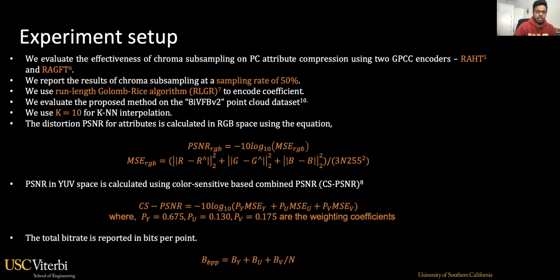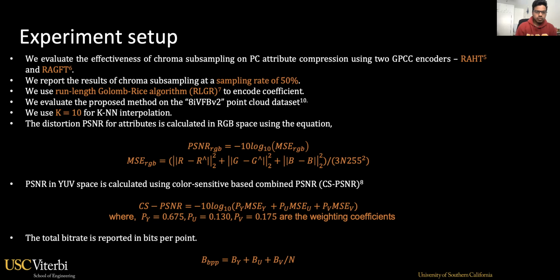Let's see the experimental setup. We evaluate the effectiveness of chroma subsampling on point cloud attribute compression using 2 GPCC encoders. The first is a region adaptive hierarchical transform, and the other one is a region adaptive graph Fourier transform.